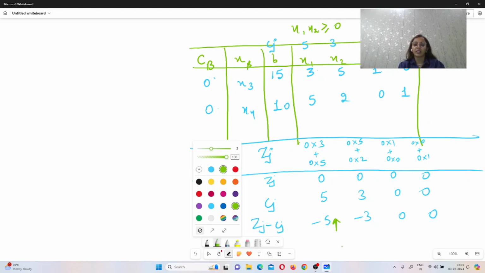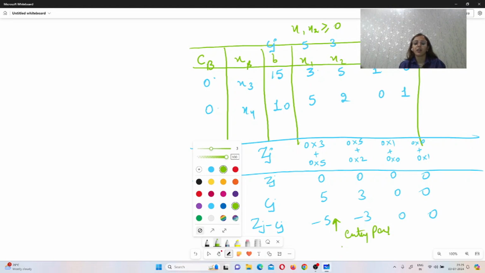That means this x1 value is being replaced, but with whom? With x3 or x4? We have to find this value, right? How can we find this value of that x1 is being replaced? For this, we have to remember, and remember one more thing: when we are doing this arrow, this will be called my entry point. In some books, it is given as Cj minus Zj.